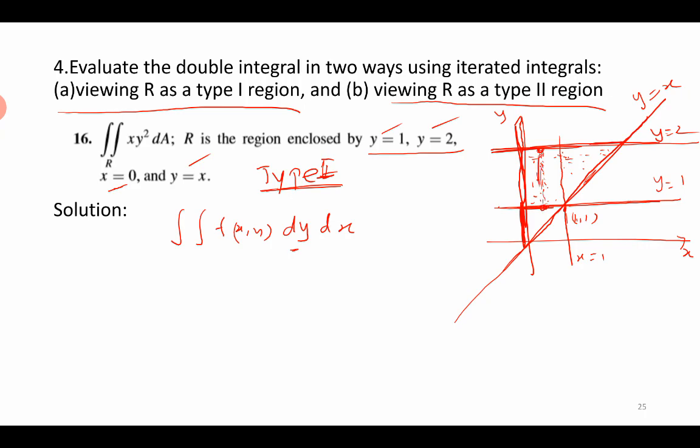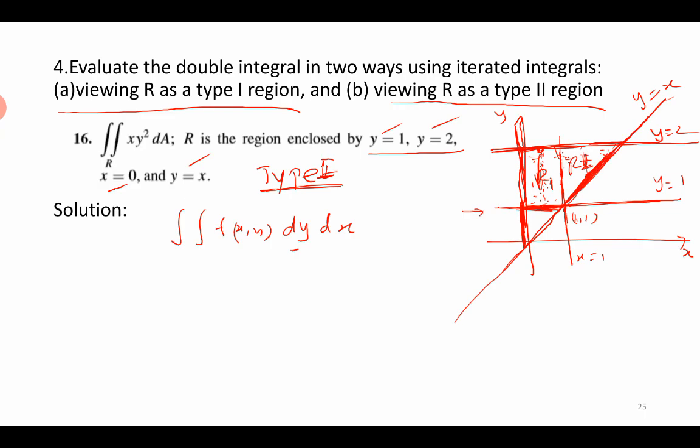If you roughly take a region, the lower limit changes after some time. Here the lower limit is y equal to 1 for this first part, but for the second half, if you take a vertical line here, the lower limit is y equal to x, different. That is, there are 2 regions now involved in type 1. Region 1, rectangular, all the limits are constant. Region 2, variable, isn't it? Here y equal to x is the lower limit.